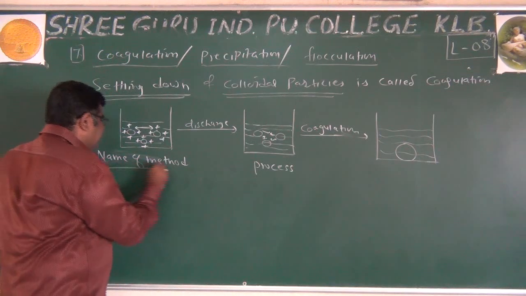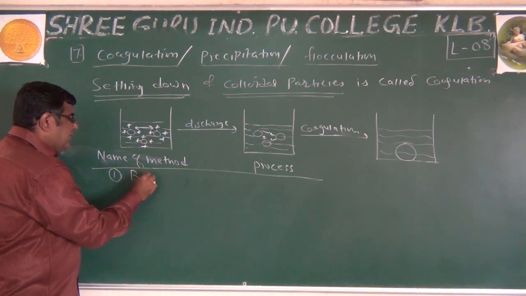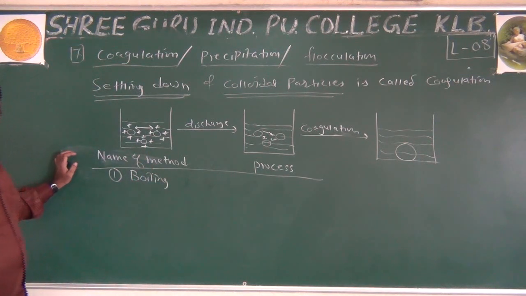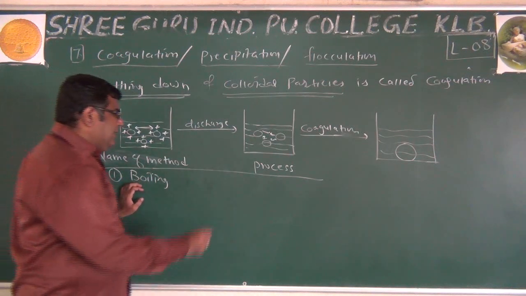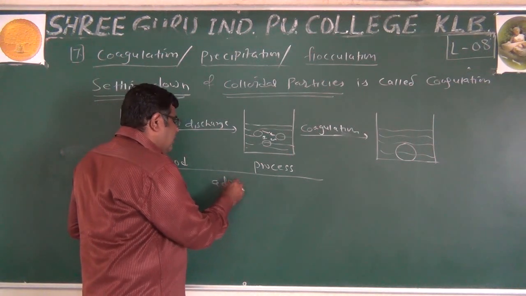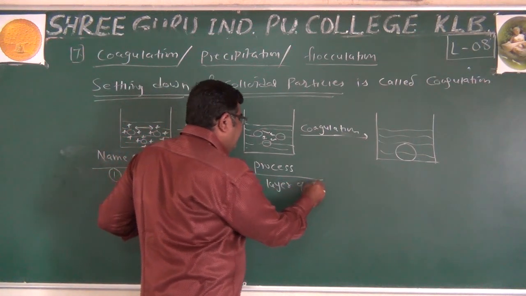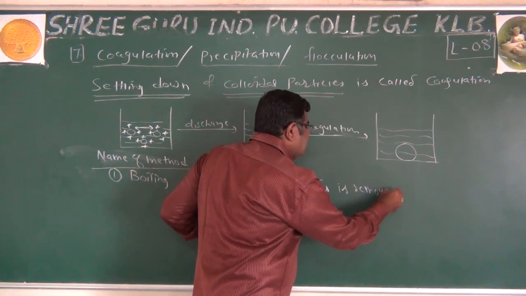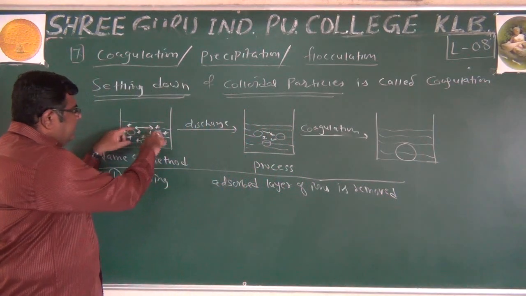So the first method is boiling. These colloidal particles are to be boiled. What happens if we boil the colloidal solution? The adsorbed layer of ions is removed.